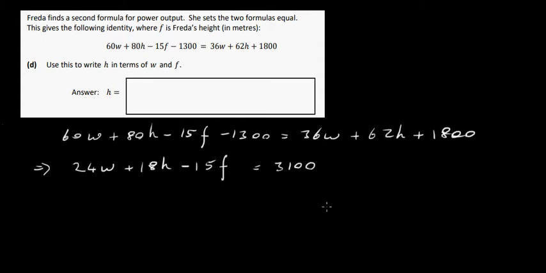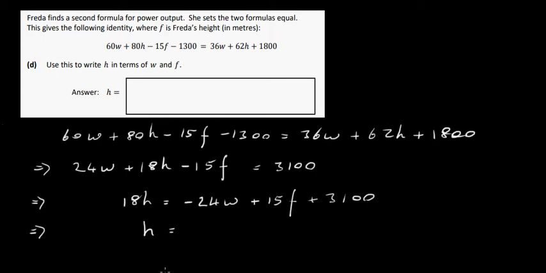Okay, now we've got to get this H on its own here. So I'm going to leave the 18H here. I'm going to take the 24W over to the other side. It's going to be minus 24W. I'm going to take the 15F over, so that's going to become plus 15F, and then I've got plus 3100 as well. Next thing I've got to do is divide by 18.